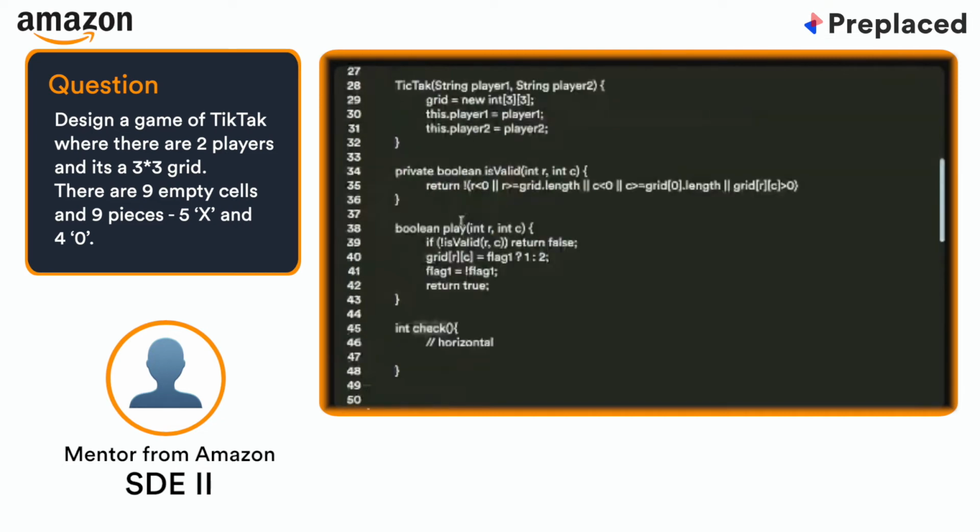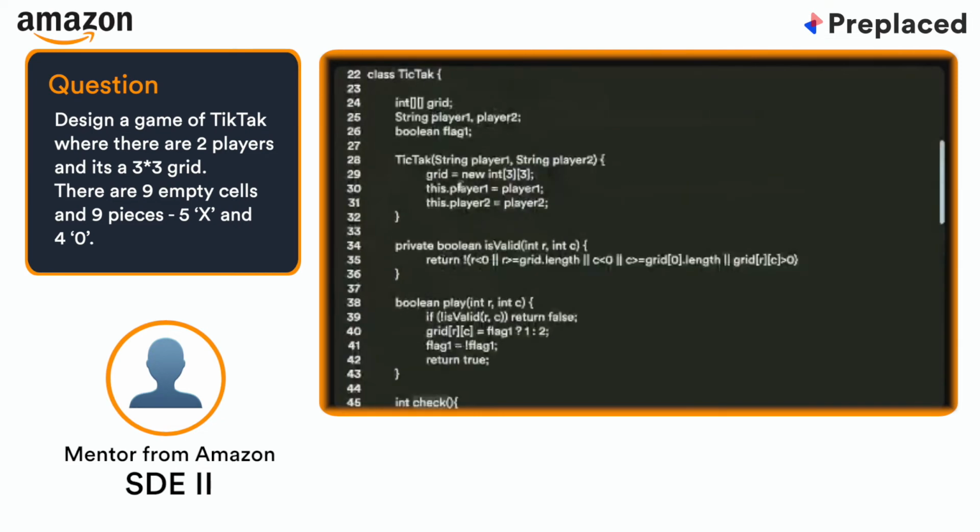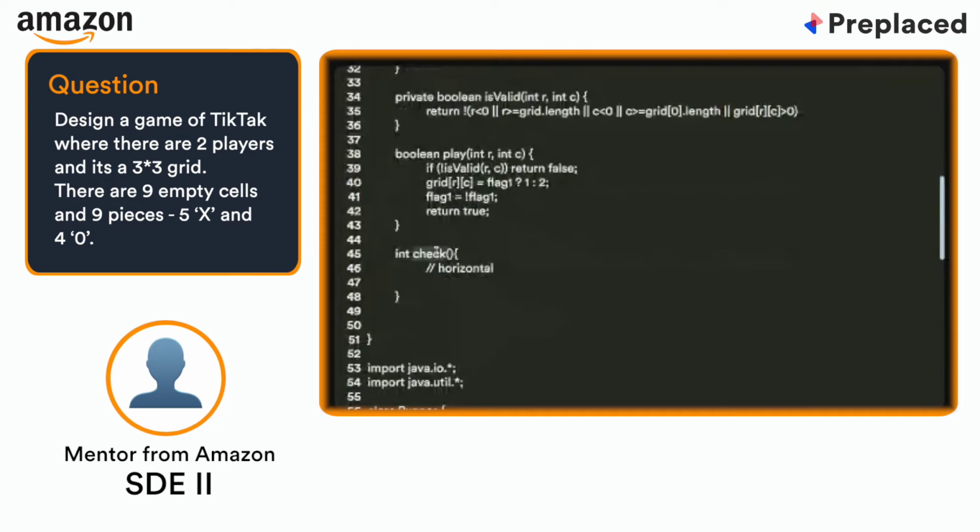Okay. Just give me a minute, I'm thinking about this check function. So it should check horizontal, okay, I can optimize it. Since I will have the row and column of the player that has played last, I'll be passing my row and column here.